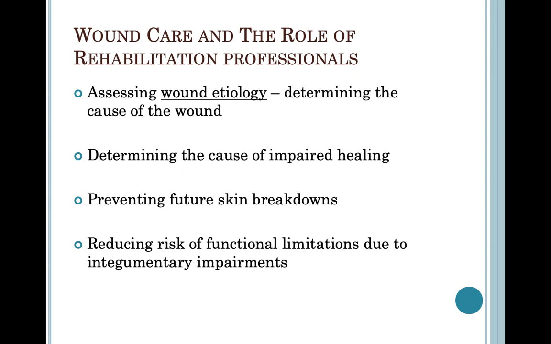What can we do that will remove those barriers to healing? We also want to take a look at what's placed the patient at risk for wounds in the first place and what we can do to decrease or eliminate the risk of future skin breakdowns. And then for PTs and OTs, it's especially important for us to consider what types of functional impairments the person could have now or might have in the future as a result of this wound.